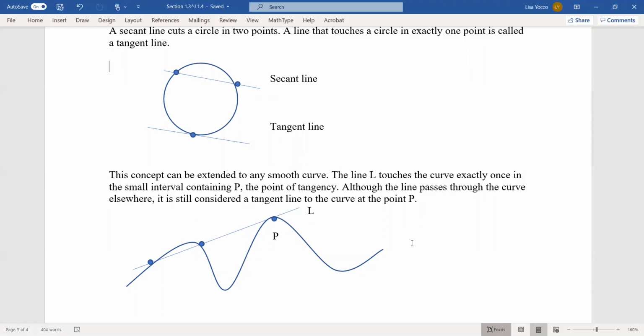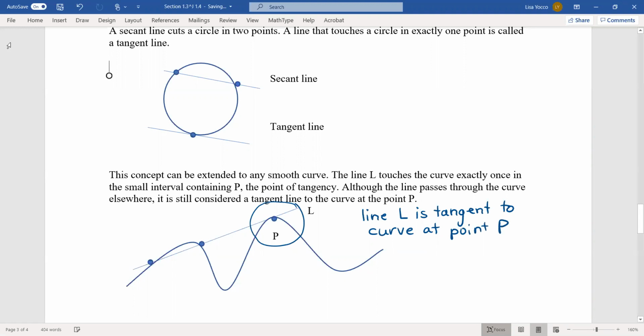In this small interval, line L is tangent to the curve at point P. It says that, but I'm writing it anyway.